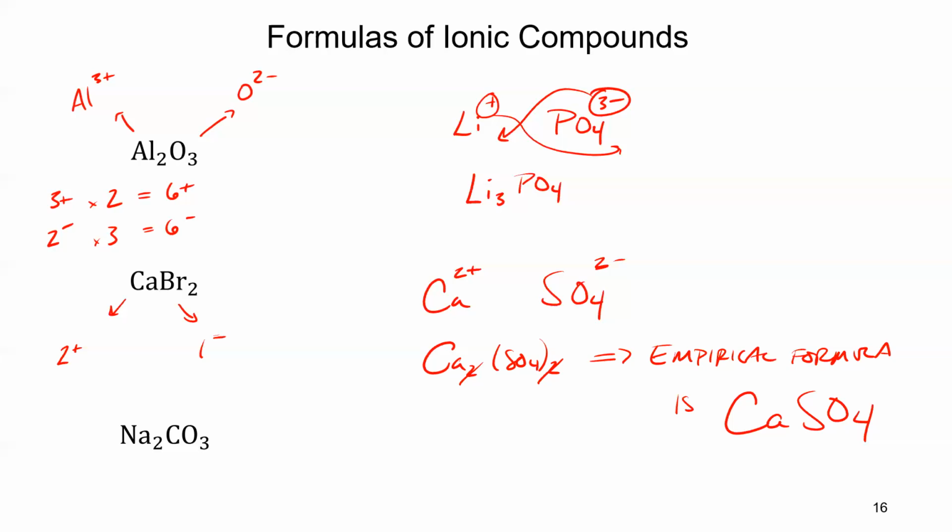Yeah, I got a question. Go ahead, Michael. You know how you put the SO4 in parentheses and a 2? Would you be wrong if you just put an 8 there? If I put an 8? Yes, sir. Yeah. So because there are 8 oxygens, but there's also 2 sulfurs, right?